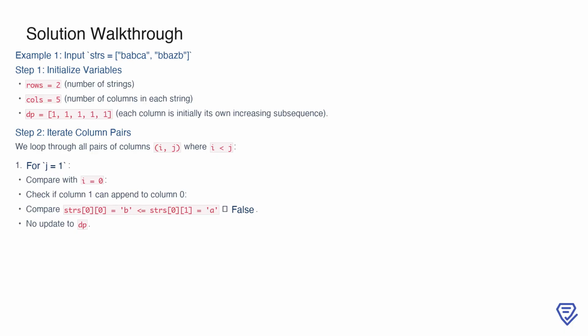Next, we iterate through all pairs of columns i, j, for i less than j. Starting with column 1, we compare it with column 0. For the first string, we check if the character in column 0, which is b, is less than or equal to the character in column 1, which is a. This condition fails, so column 1 cannot append to column 0, and we make no changes to the DP array.